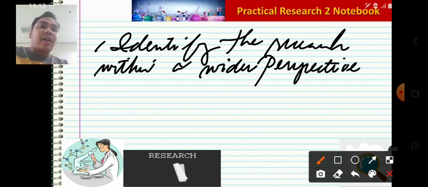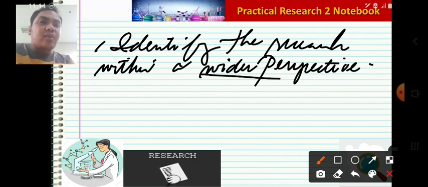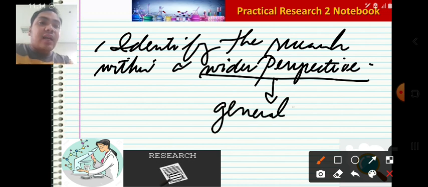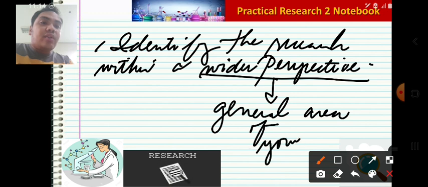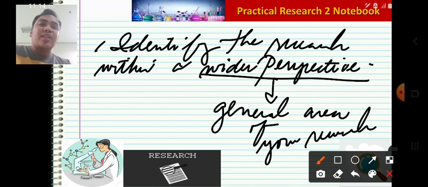So identify your research that can be found within a wider perspective. Let's try to elaborate on it. What do we mean by wider perspective? It means that you will identify the general area of your research. Okay? So what is the general idea, or let's say general area rather, of your research?